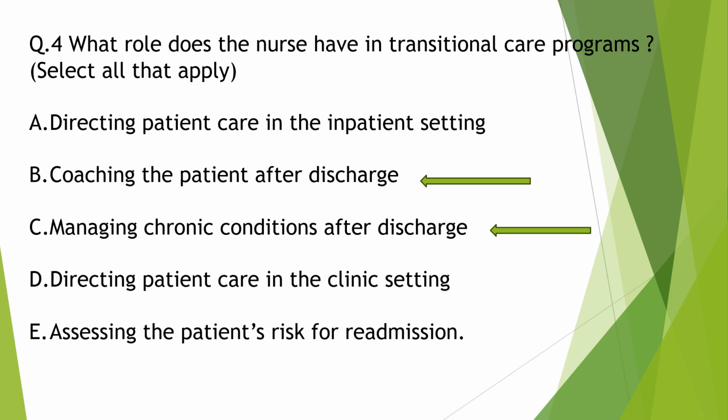There should be telephonic conversations also between the transitional nurse and the patient so that when any complications arise, the patient will be directed to the hospital. Third one, assessing the patient's risk for readmission. That is also an important role of a nurse when she is a transitional care nurse.